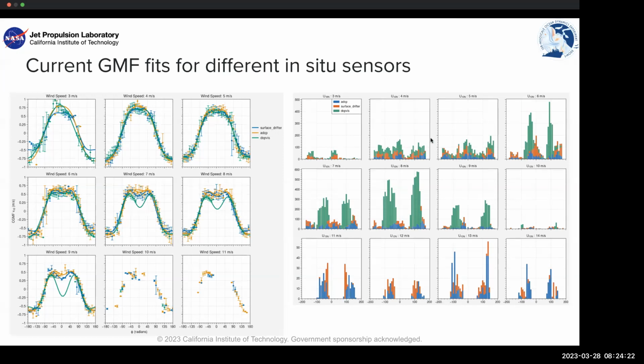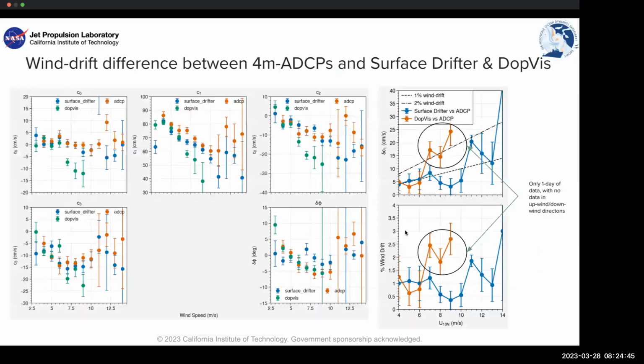You can see we have a fair distribution of data between about 4 meters per second and maybe 8, and less data after that. And because we collect very often along the wind direction and the assets are to our sides, sometimes we are missing the data in the upwind or downwind direction. So that is a limitation.